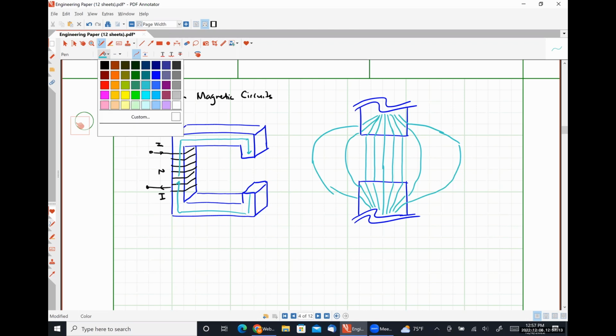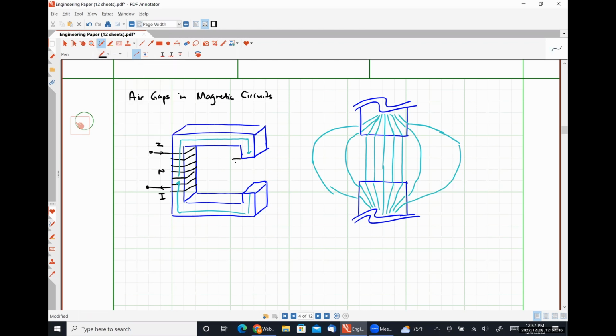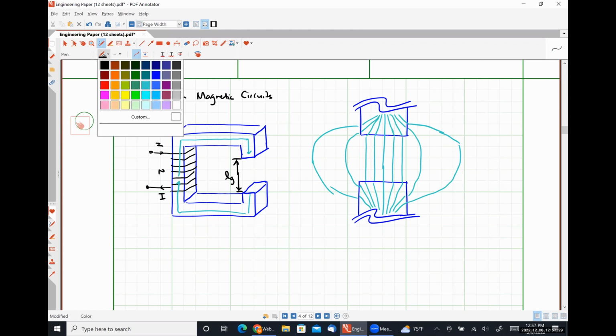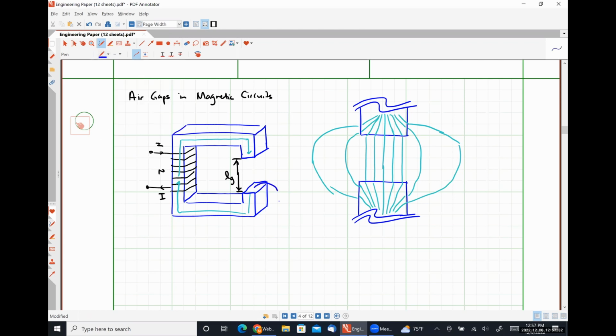So we have a certain gap length here, LG, that the flux is traveling, but we also have a certain cross-sectional area, okay? So this area right here is the area of the core, defined by the width of the core and the thickness of the core at that point, right? Well, the flux that's traveling through that air gap sees a much larger area, okay?